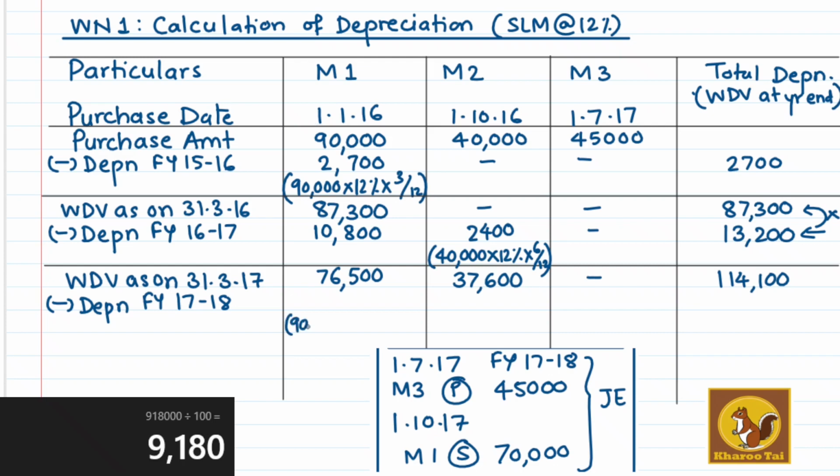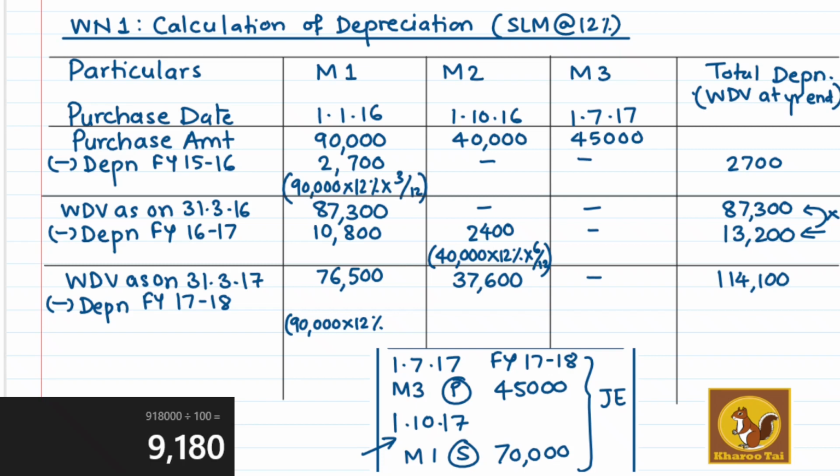So what will be the calculation? 90,000 into 12%. Now this machinery we are going to sell in this year and the sale date is 1st October 2017. In this year, we had this machine in our business from April, May, June, July, August, September. On 1st October, we sold this machine.